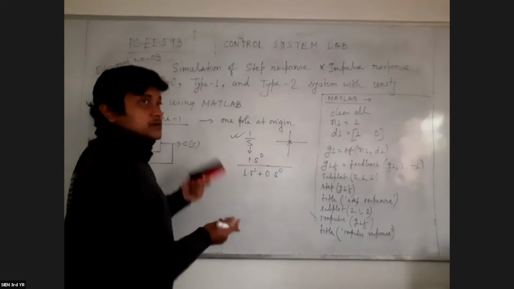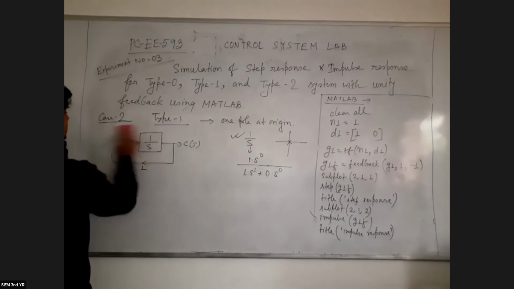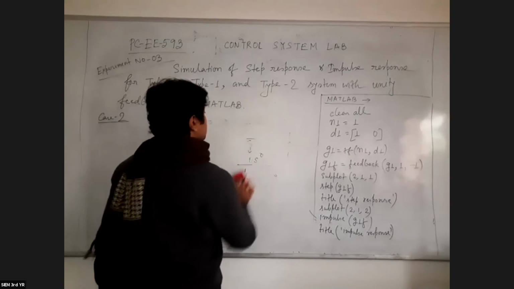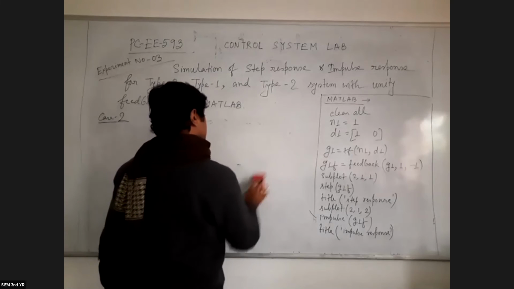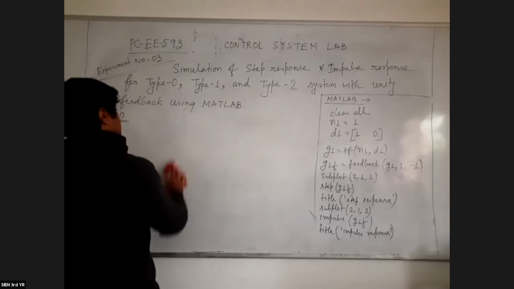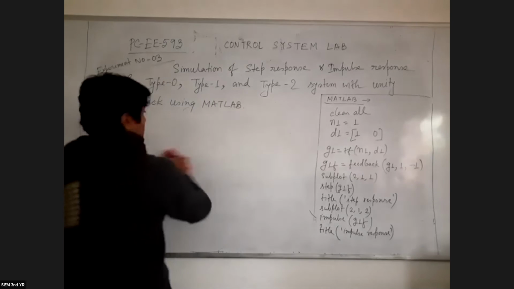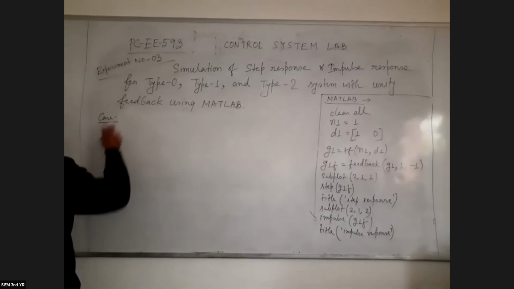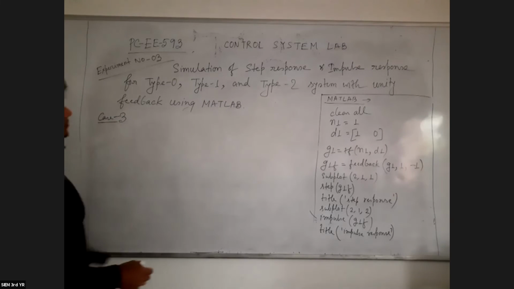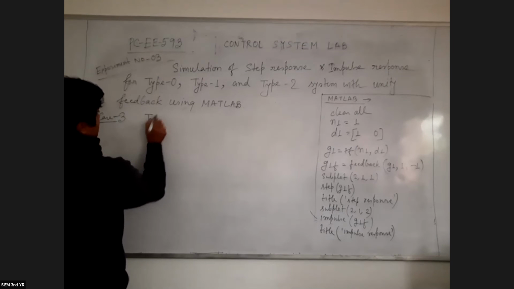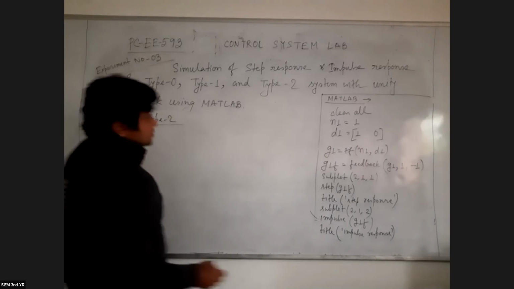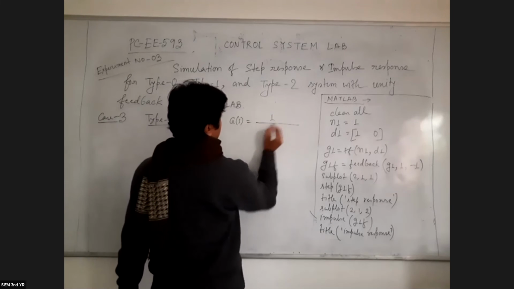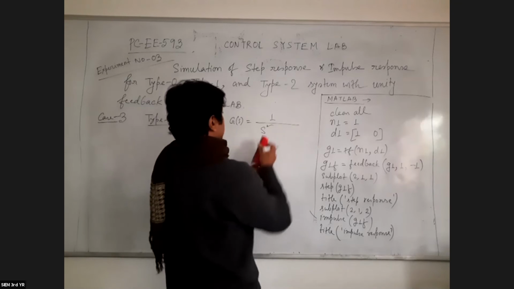Now we'll go for the last one, that is case 3. Case 2 and case 3 are type processes. So let our example be G(s) equals 1 by s square.